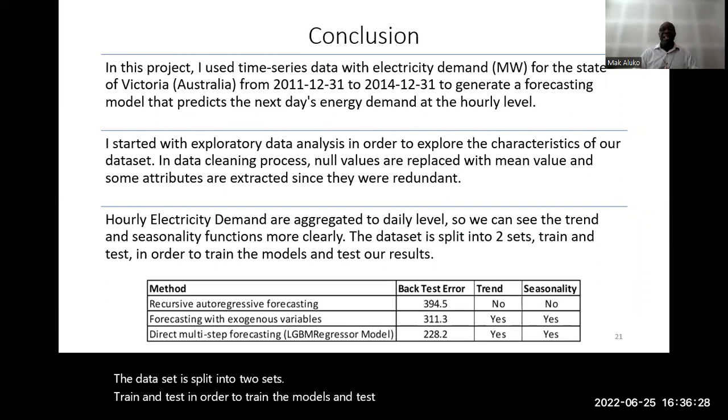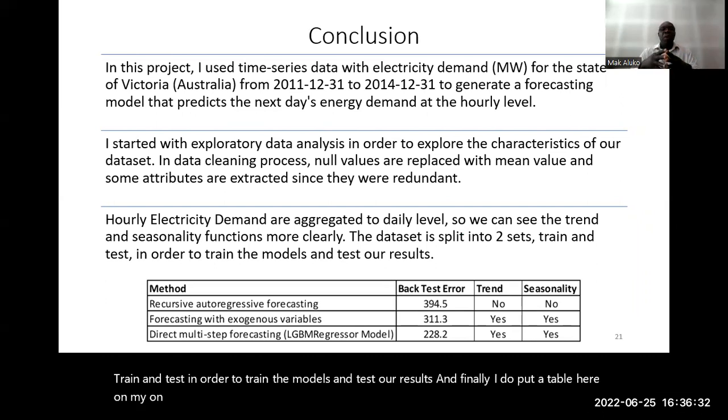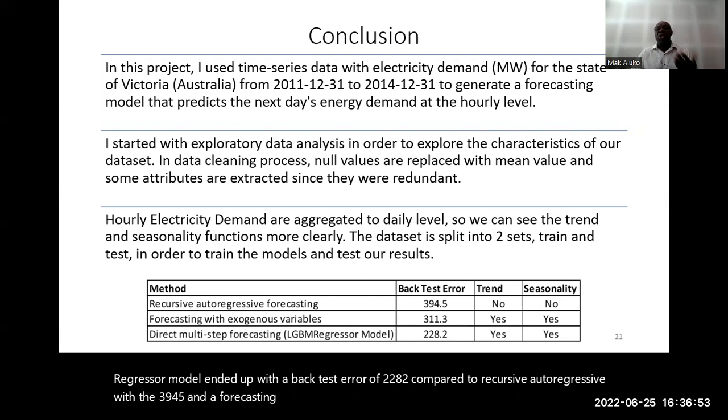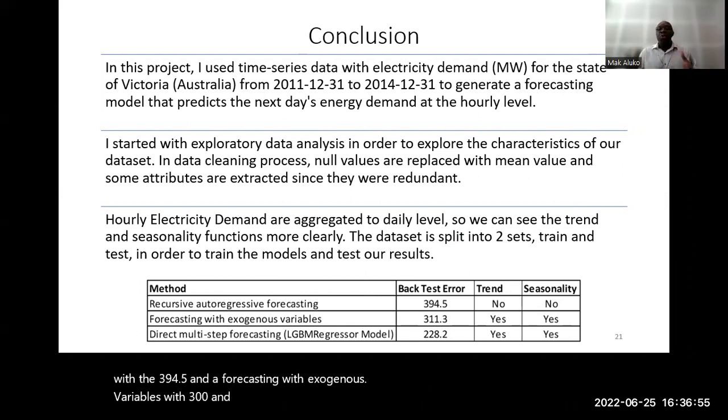results. And finally, I put a table here on the last slide which shows that direct multi-step forecasting using the LGBM regressor model ended up with a backtest error of 228.2, compared to recursive autoregressive with 394.5 and forecasting with exogenous variables with 311.3.